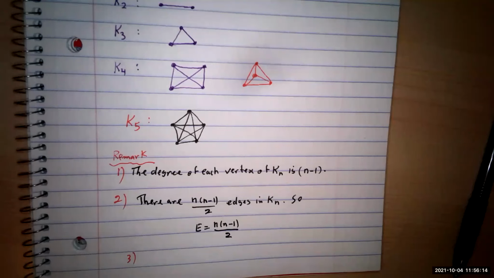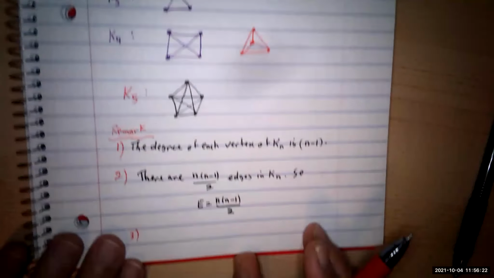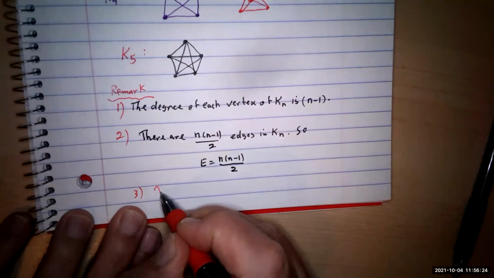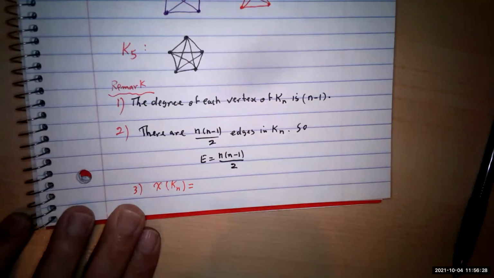Any suggestion? 3. How about this one? 4. Because each vertex is connected to the other one. So what's the coloring number for Kn? N. And that's it.